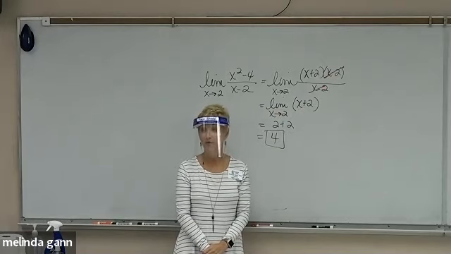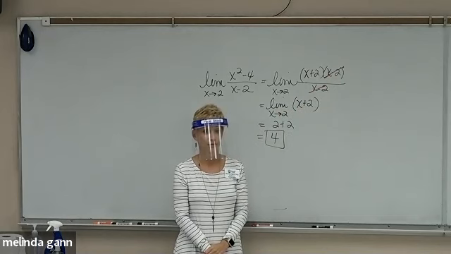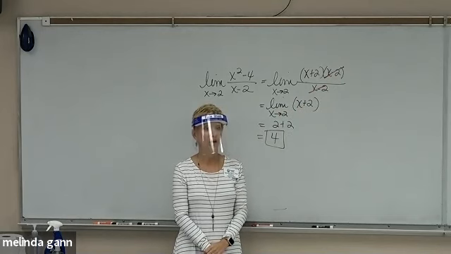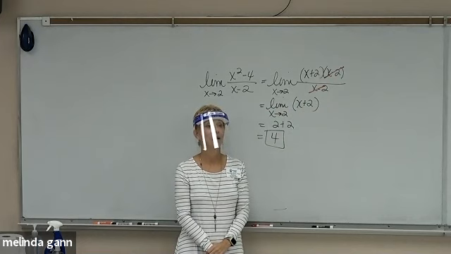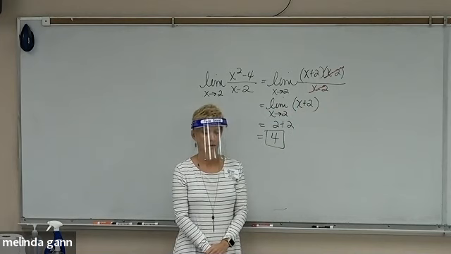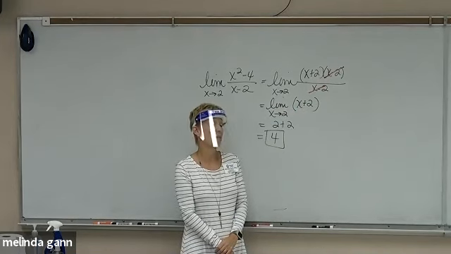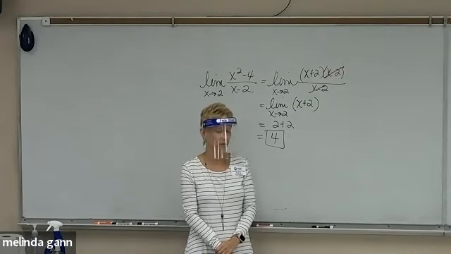So any number divided by itself is 1. Is that true or false? It's false. Why? 0 divided by 0 is not 1. We don't know what it is. It's indeterminate. We talk about that a good bit in Cal 2.